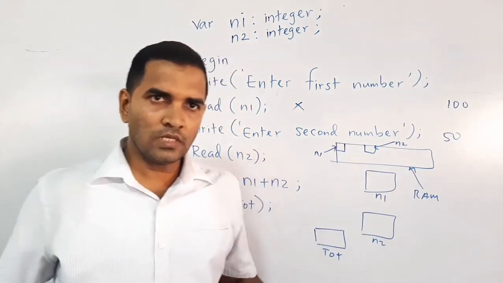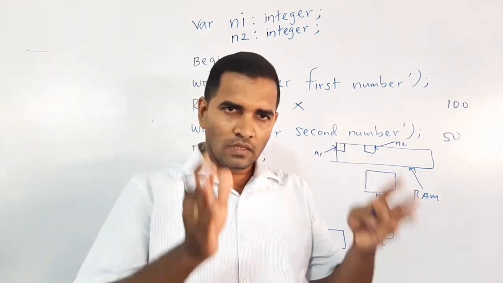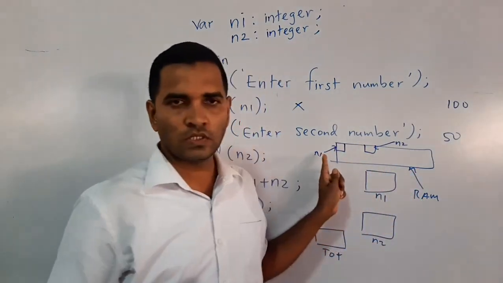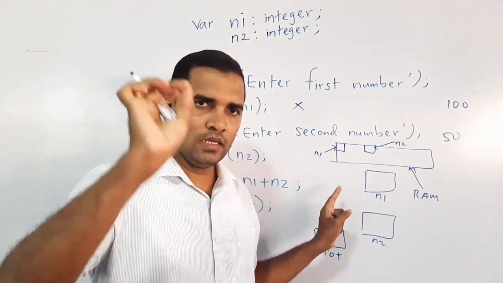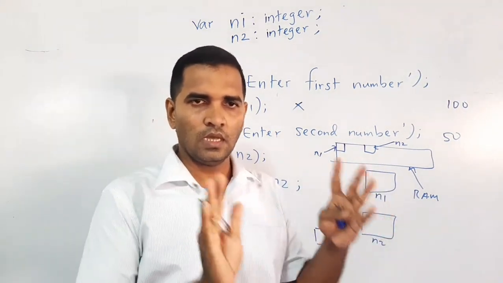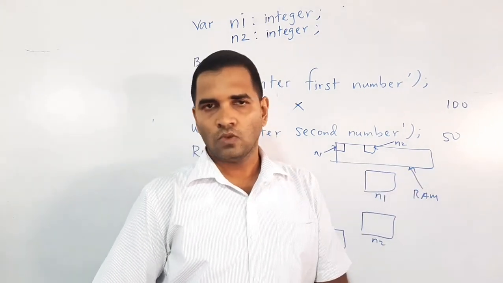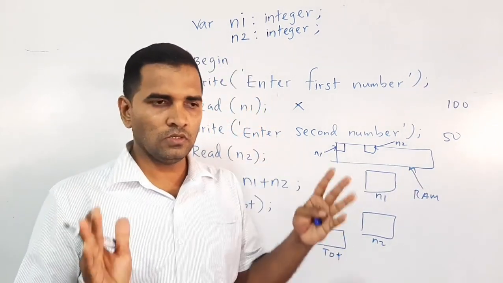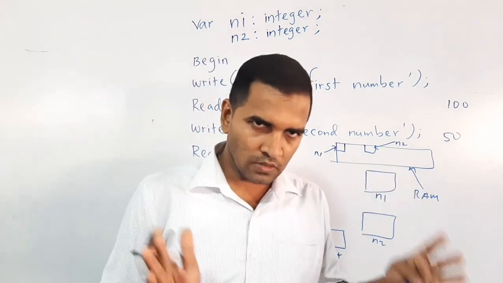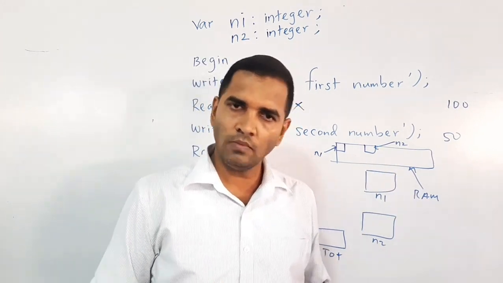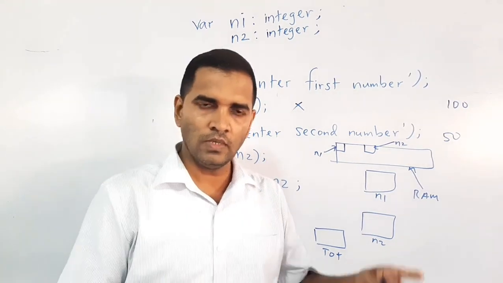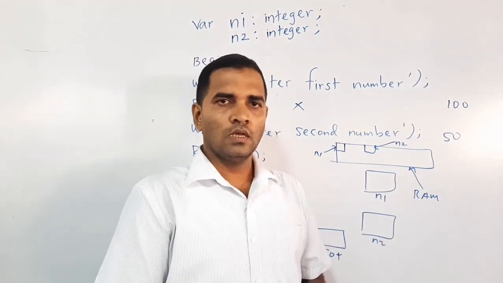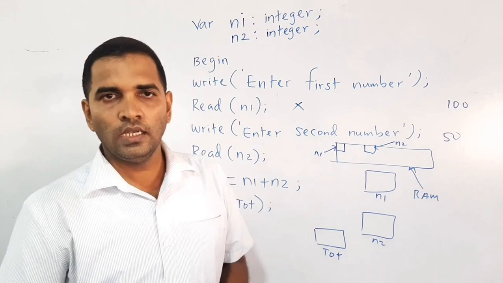I again tell you, variables are nothing but memory locations. Memory locations allocated in random access memory. This is often asked in exams, so try to remember this definition for variable. Variables are memory locations, or locations allocated in random access memory.